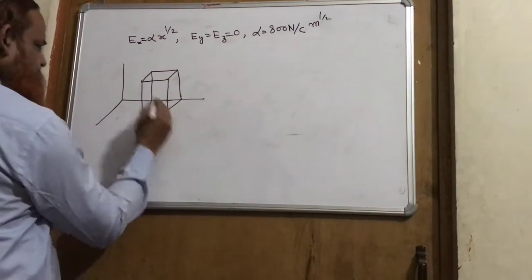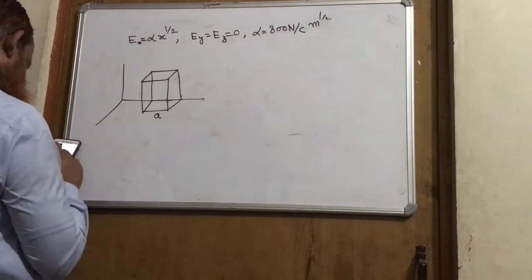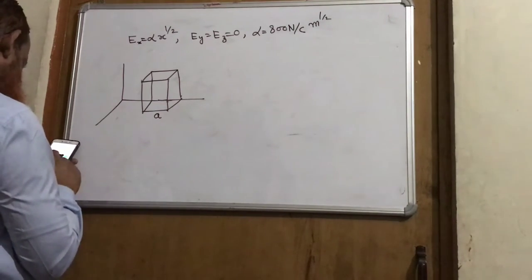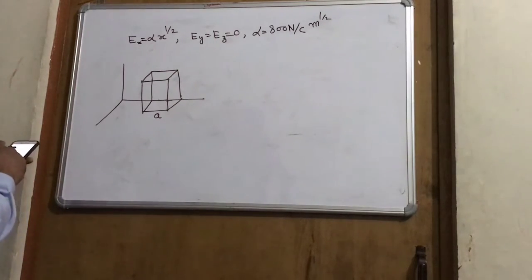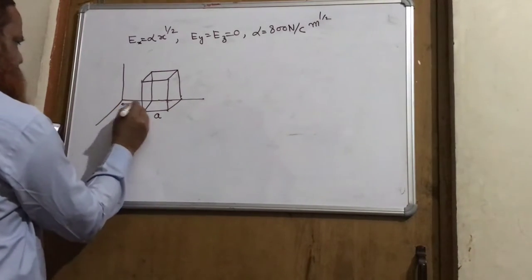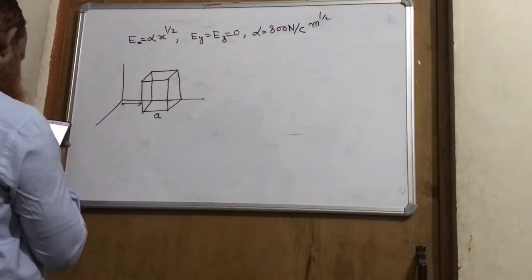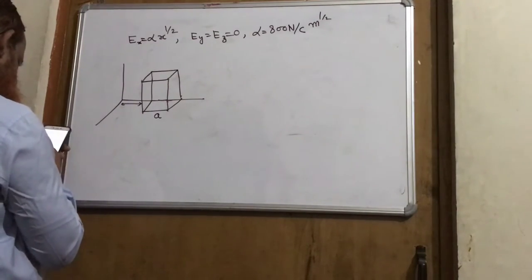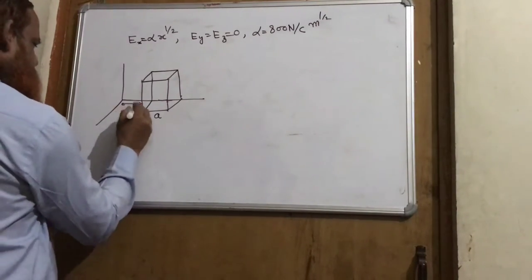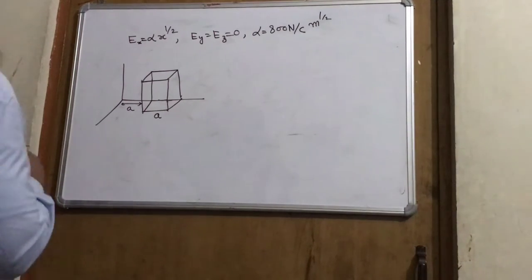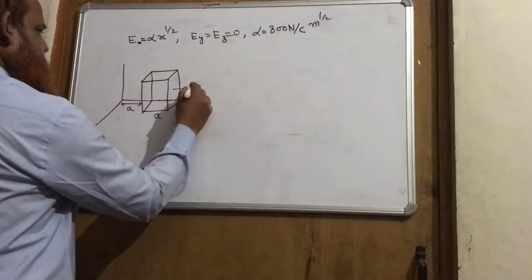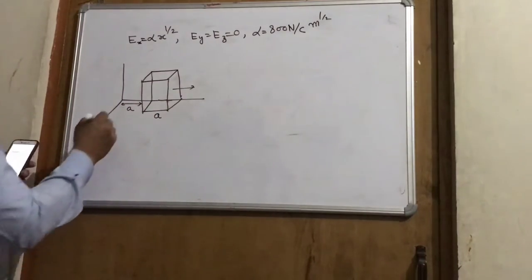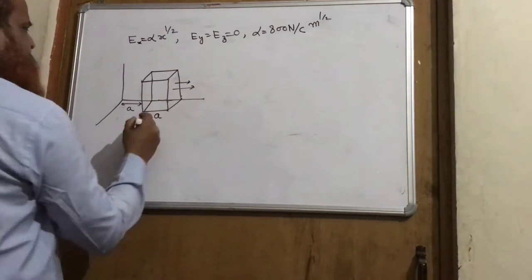It is a cube, each side is A, and it is also at a distance A. The electric field is in this direction, and the area vector is in this direction.